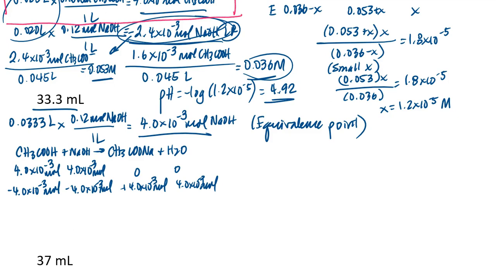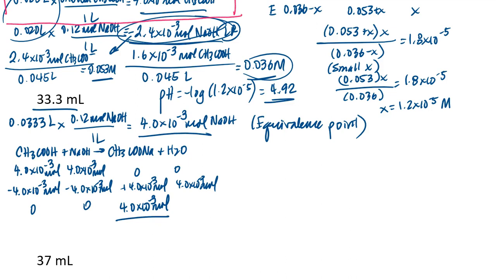So at the end of the neutralization reaction, I end up with 0 moles each of the acetic acid and the sodium hydroxide, but I have 4.0 times 10 to the negative third moles of the acetate. Now, I'm going to need a concentration since eventually I will take this into an ice table.